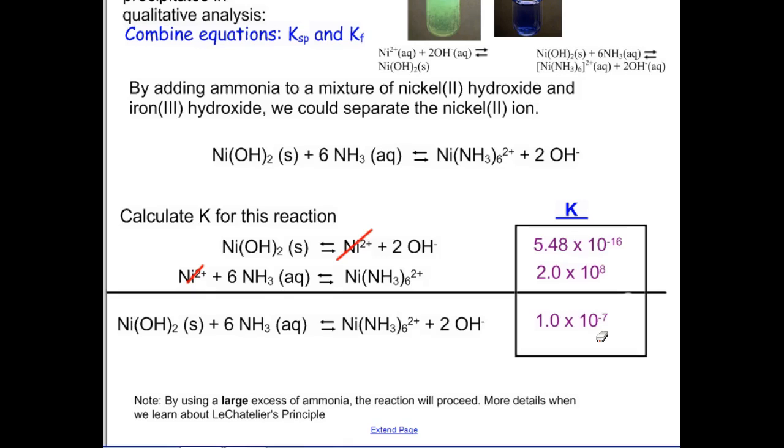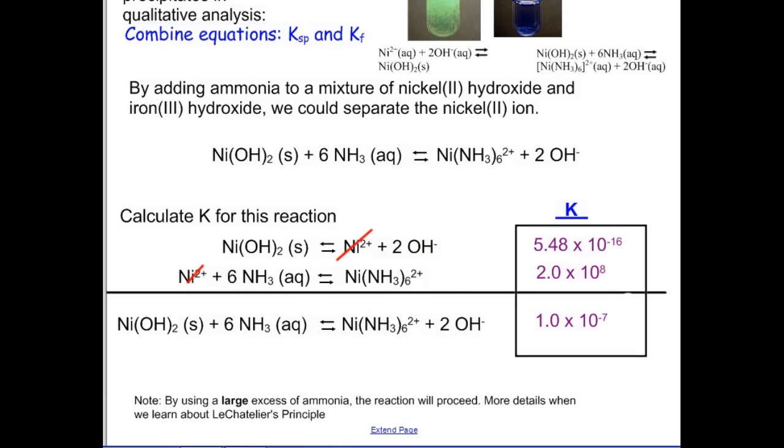It's still times 10 to the negative something, which means I'm not going to see very much of this. But we saw in the video that it did dissolve. So that actually leads into something we're going to talk about in the next section, Le Chatelier's principle. But what we were able to do is take the nickel hydroxide and make it more soluble than it would have been just by itself.